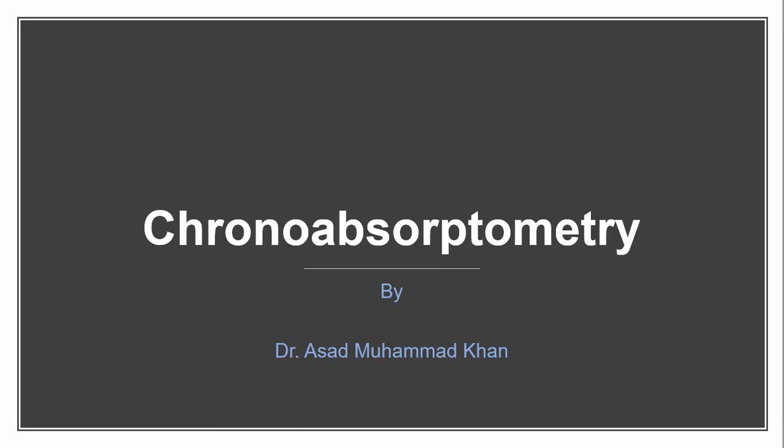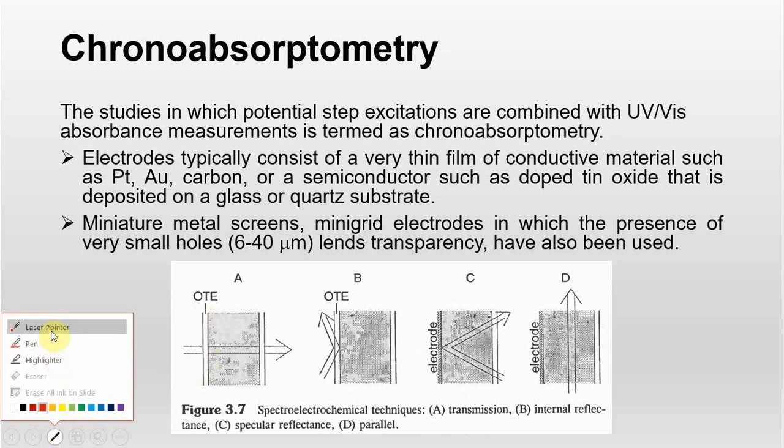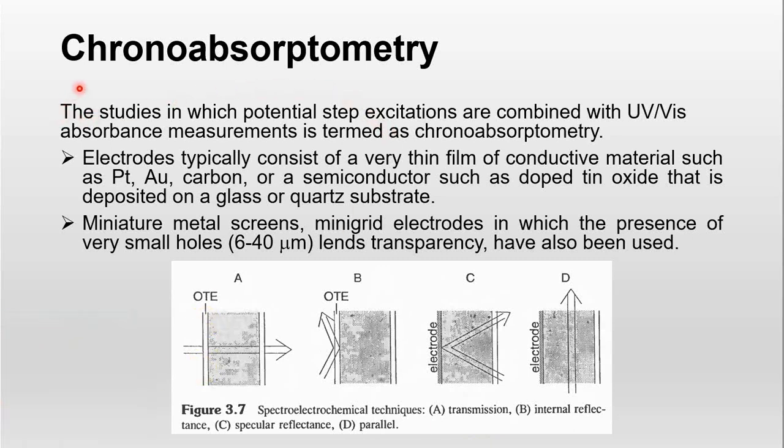So to start with, we will just look at some important points about chronoabsorptometry. As we can see over here, chronoabsorptometry is the study in which the potential step excitations are combined with UV visible absorbance measurements and therefore are termed as chronoabsorptometry.